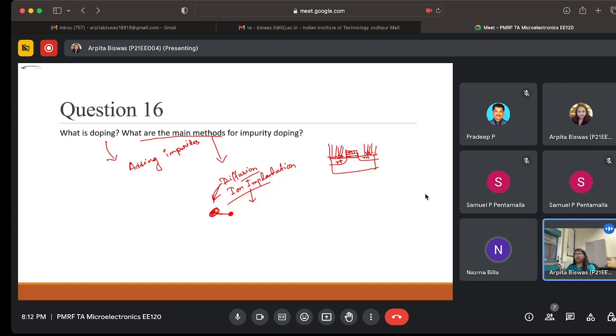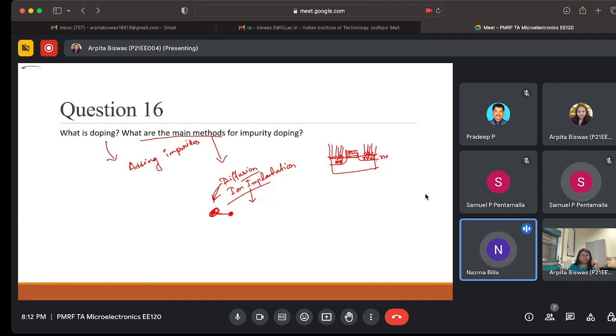The ion goes into that portion and makes the N plus region. So is it clear? Yes, ma'am. Concentration gradient, diffusion, drift, like that, ion implant.